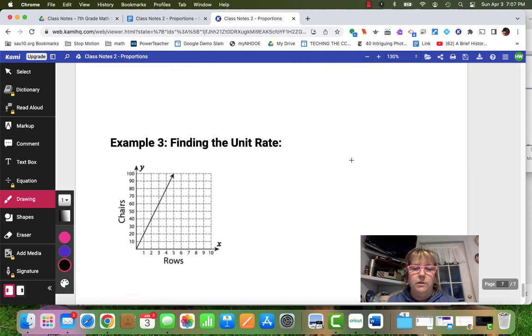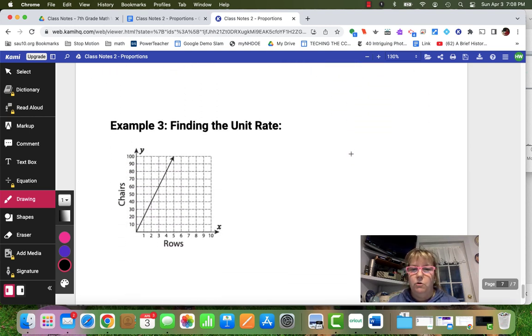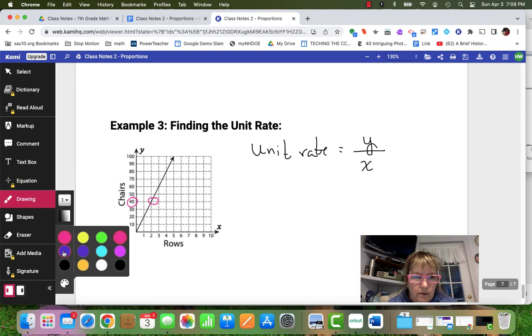All right, we can also find the unit rate. In a proportional relationship, we can calculate the unit rate, which is equal to the ratio of y over x. So I can take any point on the graph, y over the corresponding x. I'm going to choose this one right here, where y is 40 and x is 2.